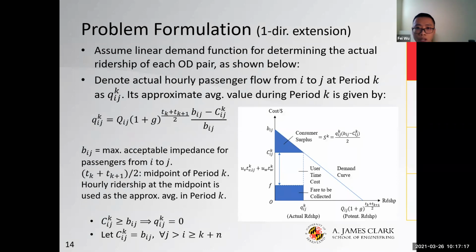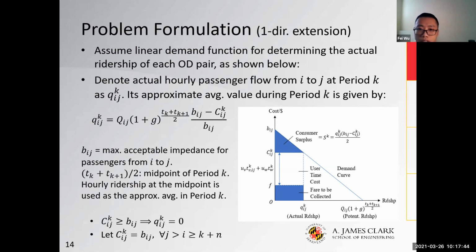And then with the calculated total impedance, we can calculate the actual demand for each OD pair based on the potential demand, the maximum acceptable impedance for passengers, and also the actual impedance of passengers.